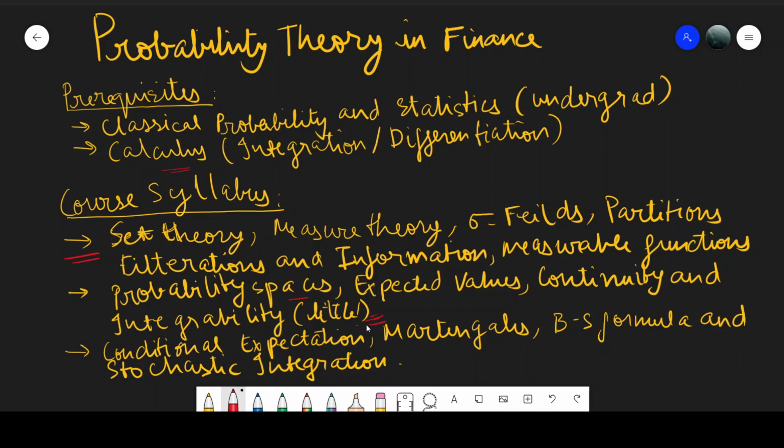But if you're studying this at a graduate level, say in a financial engineering program, Columbia's mathematical finance program, for example, delves very deep into the mathematics behind probability theory in finance. But I won't delve very deep into the hard math.